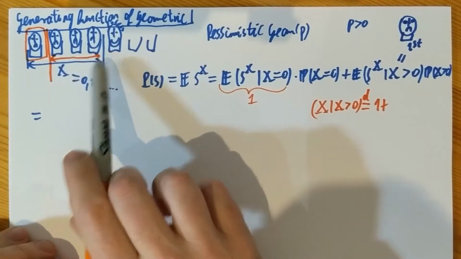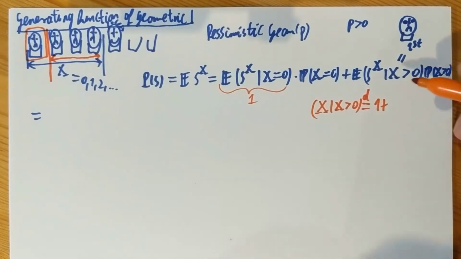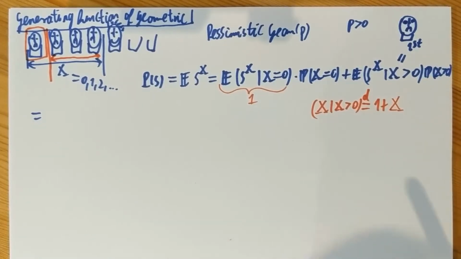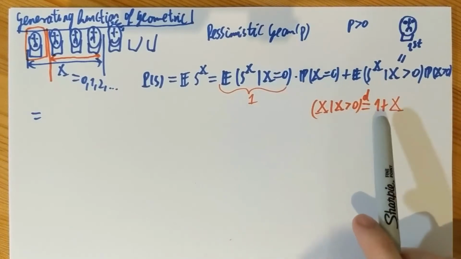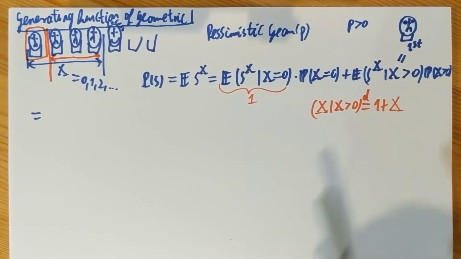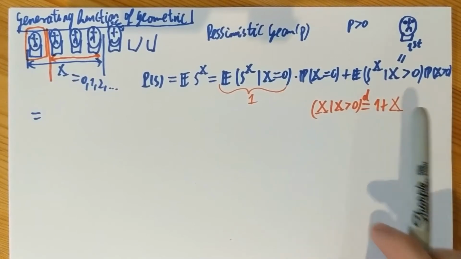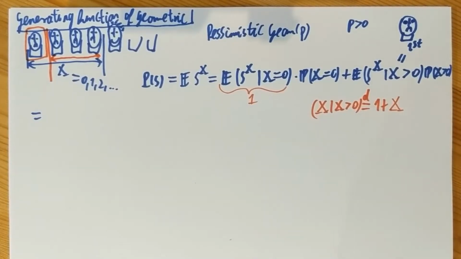That's exactly the same scenario as I started with. I'm waiting for the first success and counting the number of failures before that, a pessimistic geometric. Therefore in distribution, I have one wasted trial plus another pessimistic geometric random variable.